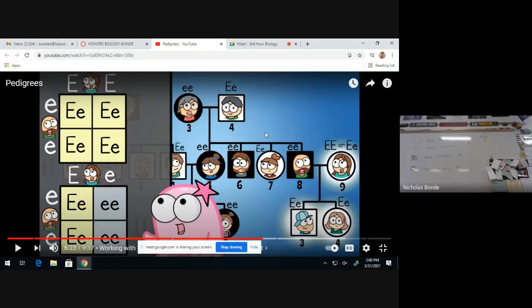So we did a Punnett square for each possibility. We did a Punnett square for the capital E scenario, and we got all heterozygotes. We did a capital E, lowercase e, and we still have a possibility of getting these offspring. So in that case, we have to say it could be either one.